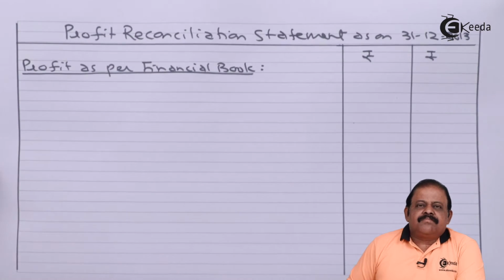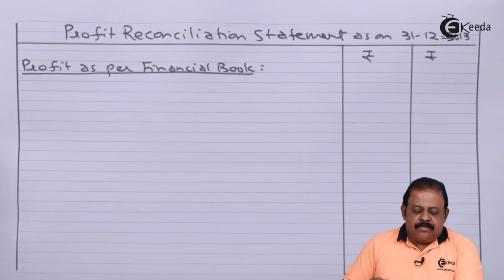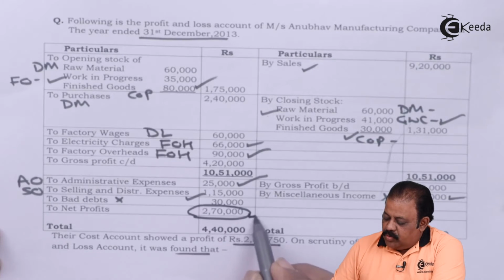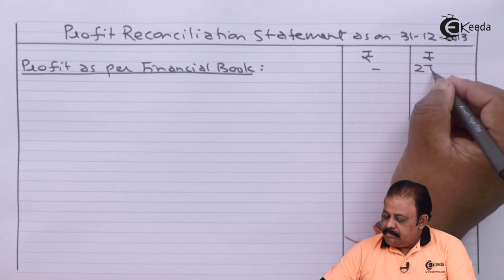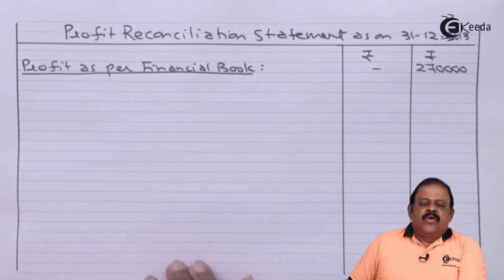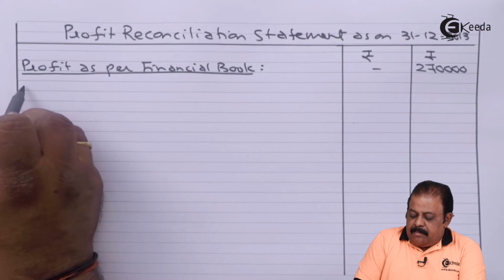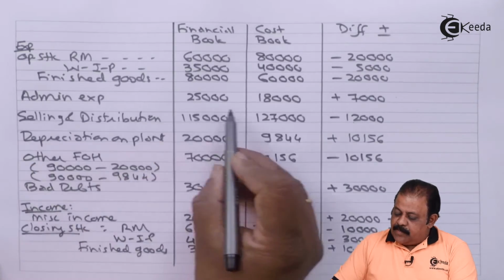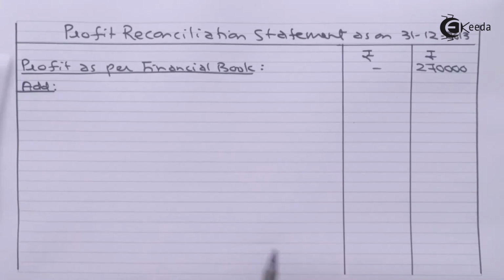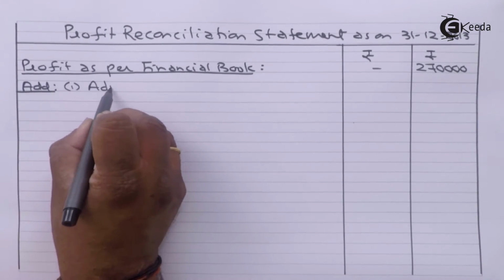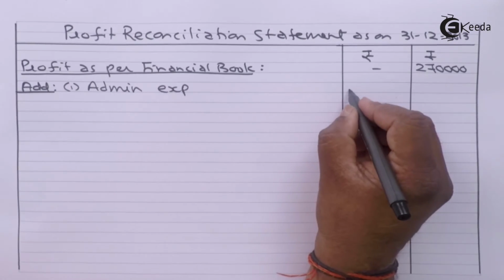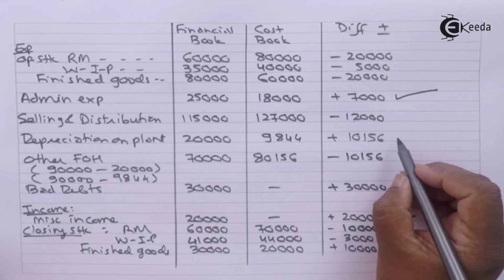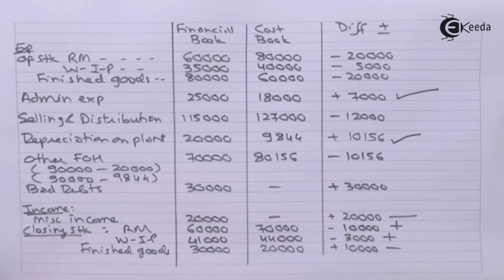We have to start with profit as per financial book. It is net profit as per financial book 2,70,000. To this we are going to add the items which are having plus sign. Admin expenses plus 7,000. Depreciation on plant plus 10,156.